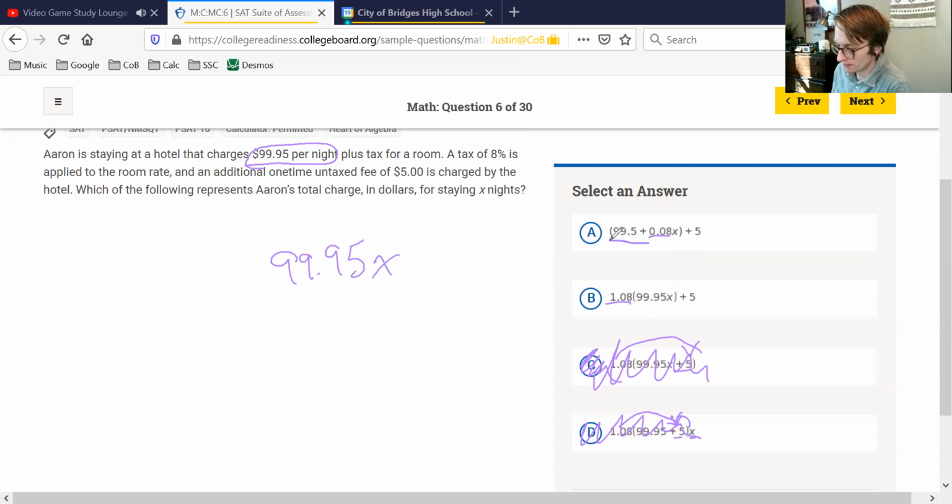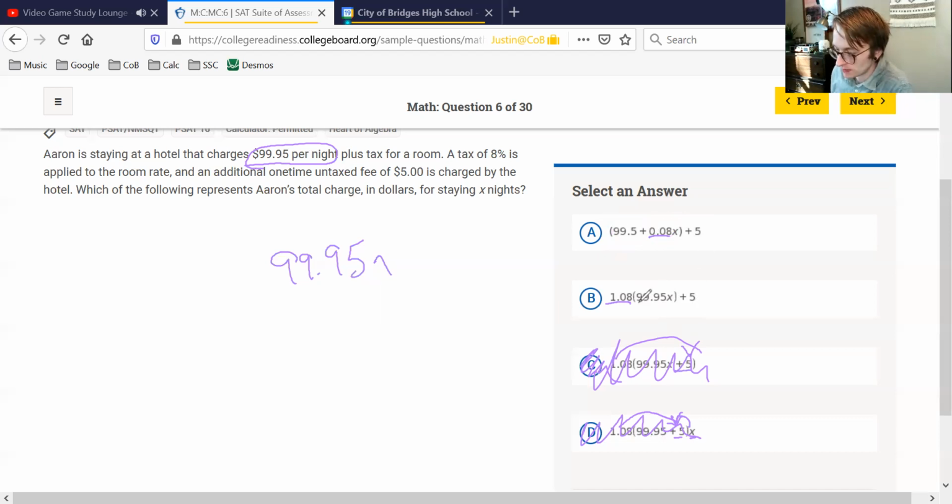We see this 99.95 plus 0.08x. This 99.95 isn't being multiplied by this tax rate at all. It never gets there. It's just 99.95 plus 0.08x.